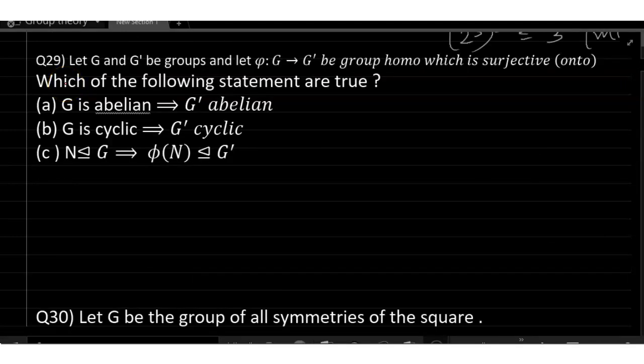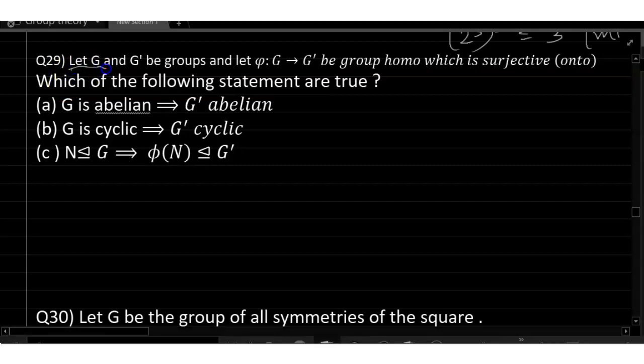Next, question number 29. Let G and G dash be groups and let phi be a group homomorphism from G to G dash which is surjective, onto. Which of the following statements are true? A, if G is abelian, then G dash is abelian. B, if G is cyclic, then G dash is cyclic. C, if N is a normal subgroup of G, then the image is a normal subgroup of G dash.